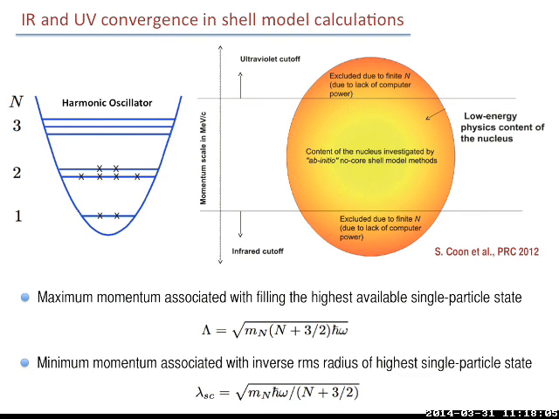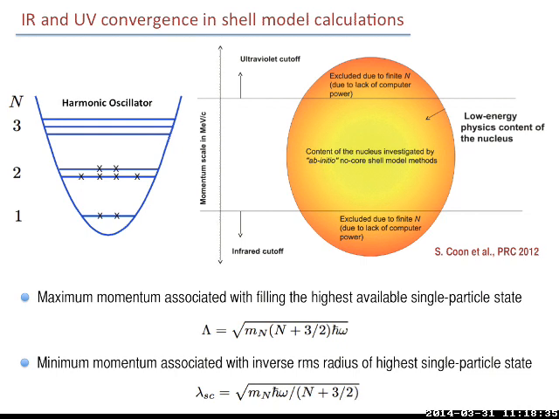In a harmonic oscillator basis, if you want to study a nucleus, then you have to do calculations up to some maximum n associated with the harmonic oscillator wave functions. And typically what one associates with the UV cutoff scale is the energy associated with your highest included harmonic oscillator wave functions.